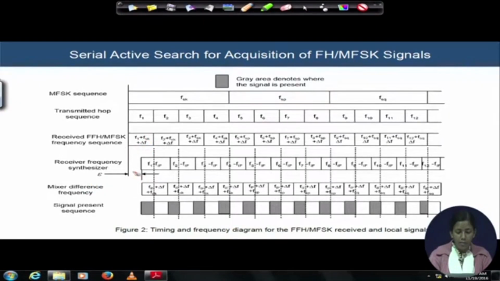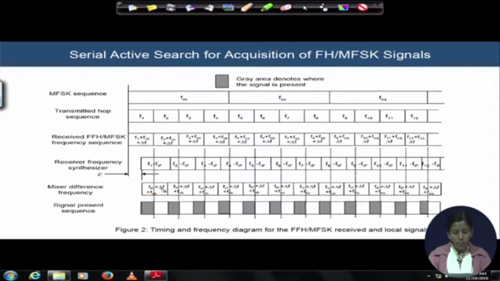And hence the receiver frequency synthesizer, because of this error in the time domain, all the frequencies will be shifted in this fashion, and hence you will get the mixer output of the receiver frequency as well as the received signal and the receiver locally generated frequency synthesizer output, after multiplication in the mixer.